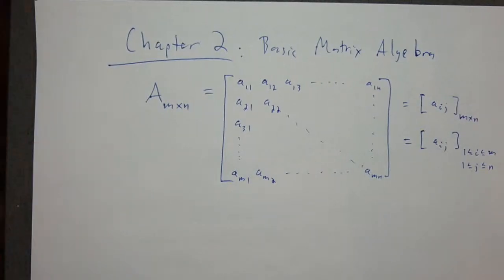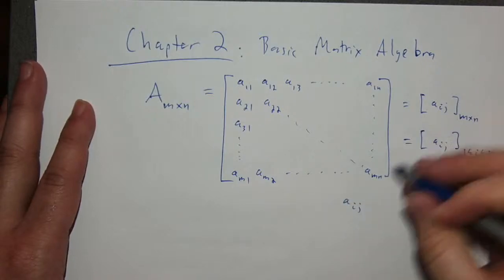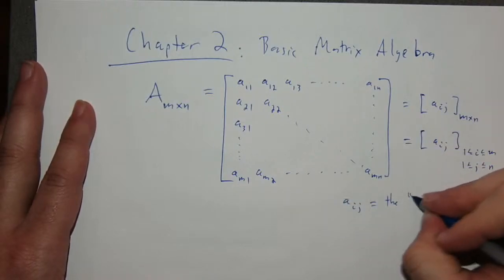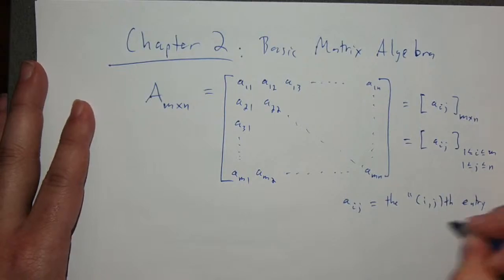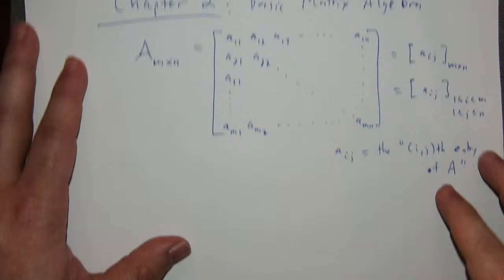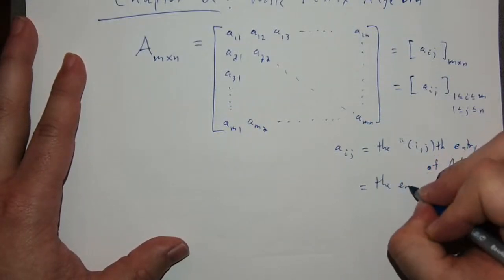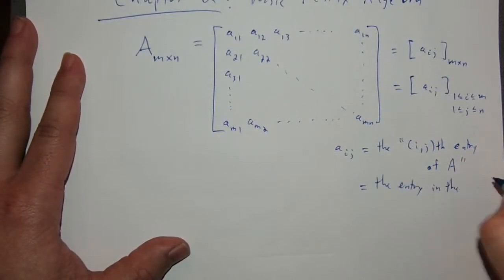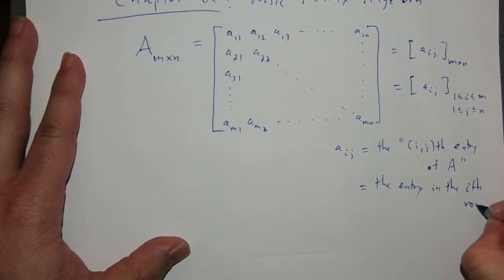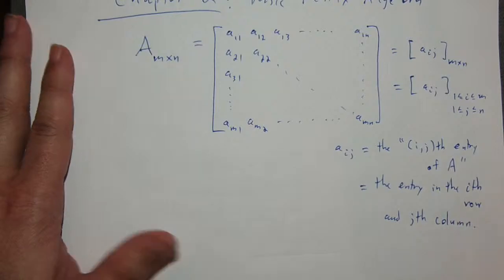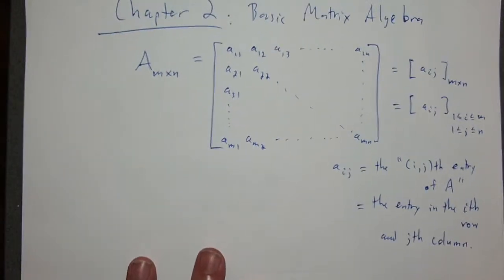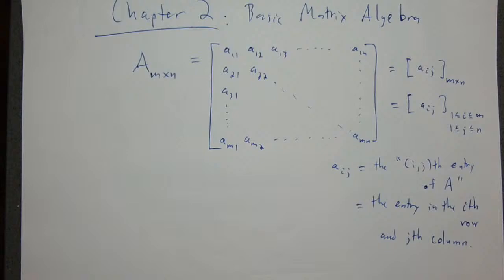A sub ij is the ijth entry of A, i.e. the entry in the ith row and jth column. So it is useful to familiarize yourself with this.